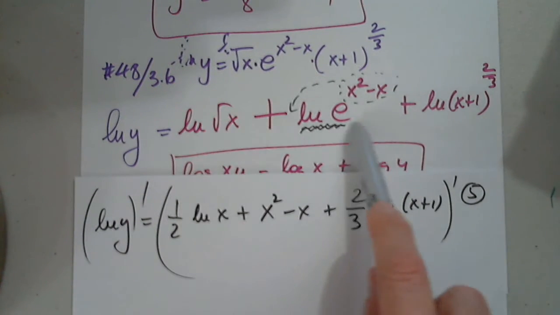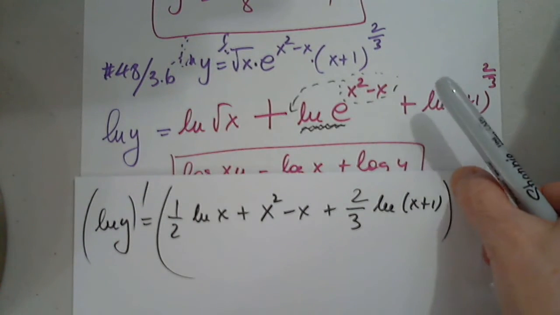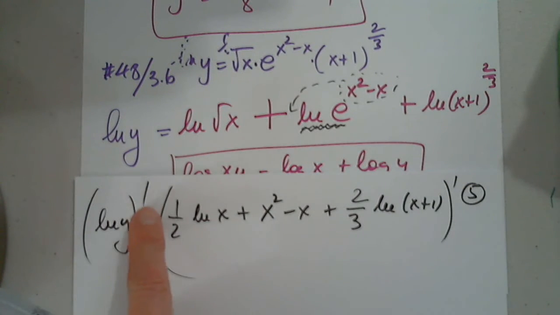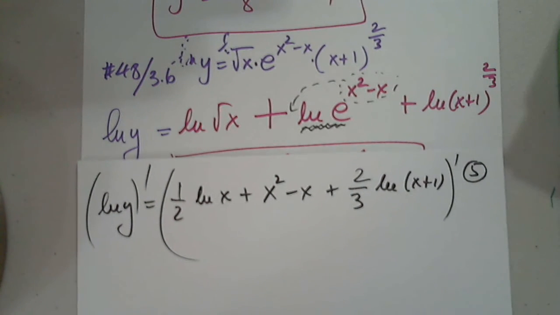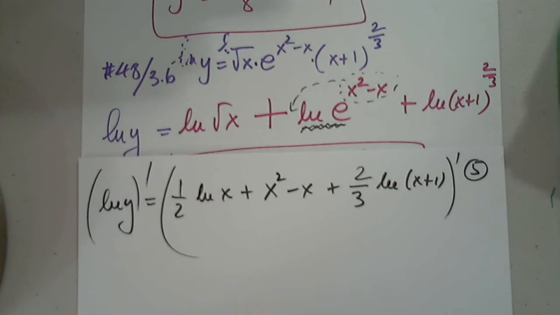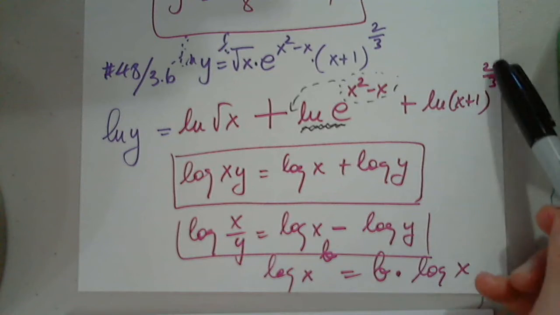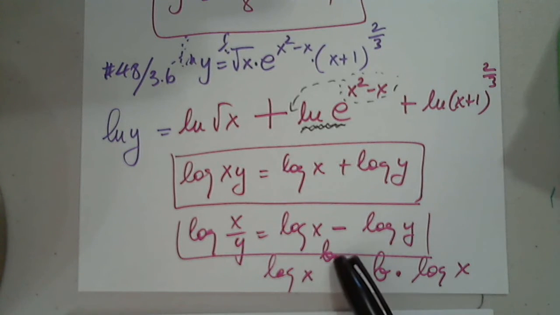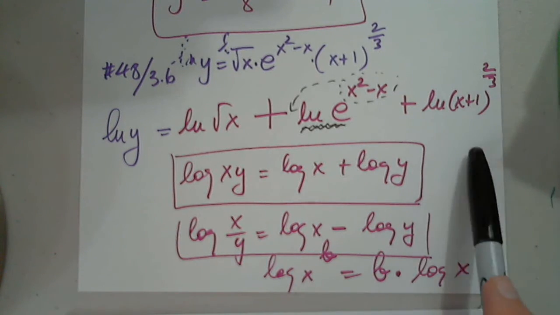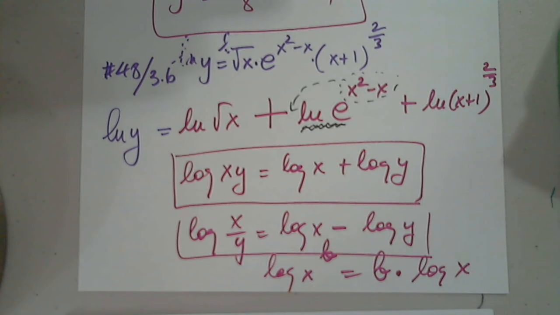So from this step till this step, without the symbol of differentiation, I didn't do anything. I just did algebra. For this, I applied natural log x to b, so I put b in front. I did not differentiate. This is just algebra. I use this rule. Is that okay? Are you with me? Is this okay?